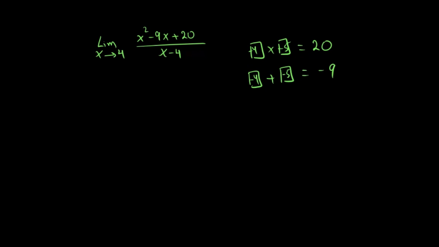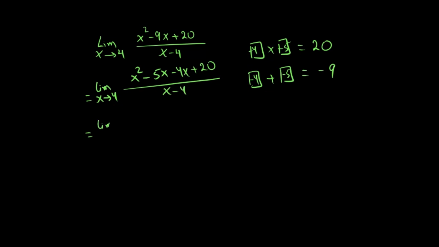So I will simplify by factoring the top. So minus 9 can be broken down into minus 5x, which is this number, and minus 4x, which is this number, plus 20 over x minus 4.